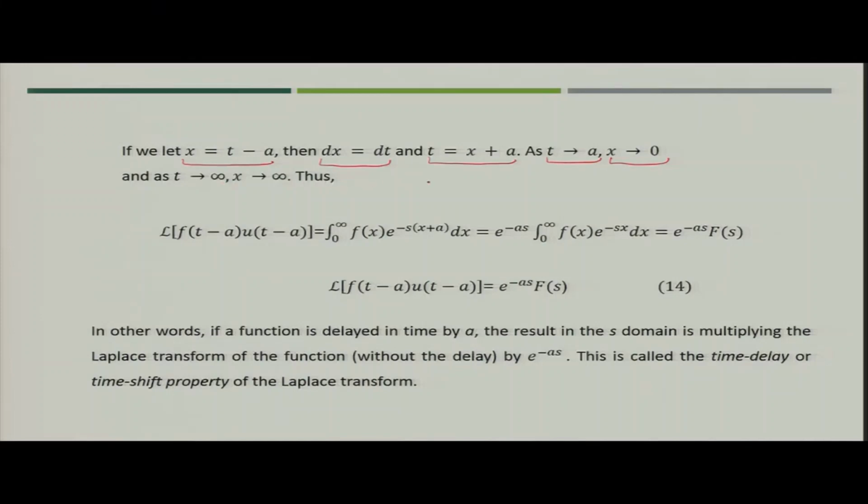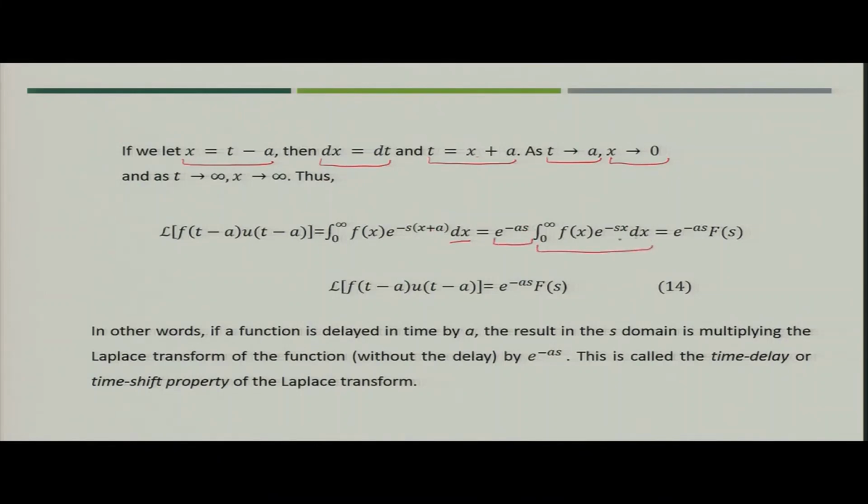So, by using these conditions, you can simply say that the updated integration would be 0 to infinity f x e to the power minus s (x plus a). So, t is simply replaced by x plus a, and instead of dt we are writing the expression in the form of dx. Now, if you see this expression, e to the power minus s a is constant. So, you can take this out.